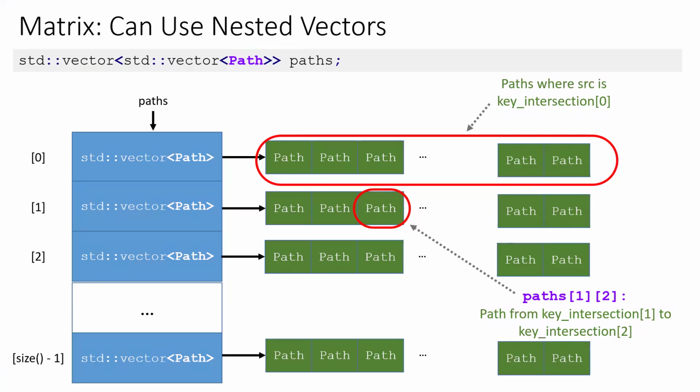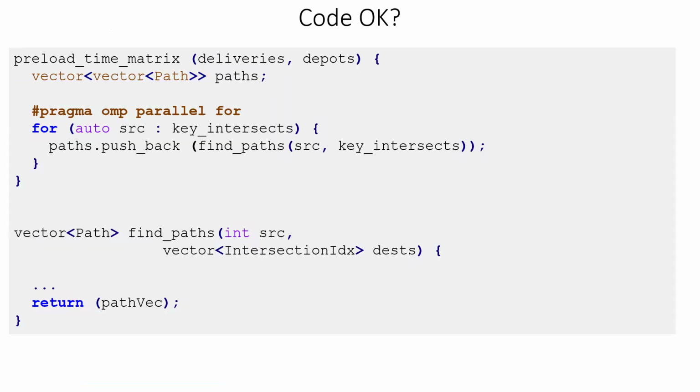And the first vector is the sources, the second vector is the destinations, and each of these stores a path from source to destination. And you can customize a path type to store the path itself. And you can just define the paths here. You can parallelize this for loop to find the paths from source to destination.